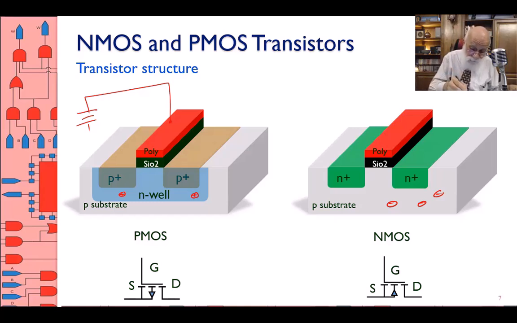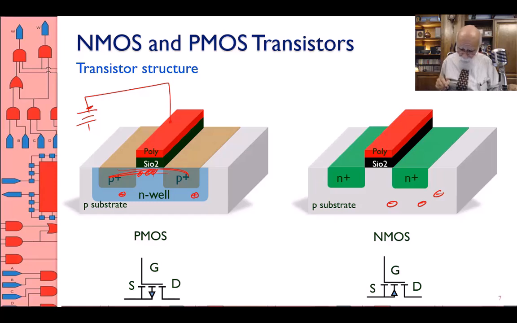When you put a negative voltage on the gate, the negative voltage will be attracting the positive charges, and therefore there will be a conduction path between the two diffusion areas, which are doped with positive charges. Okay, positive charge means hole, means non-existence of electrons. Negative charge means electrons.